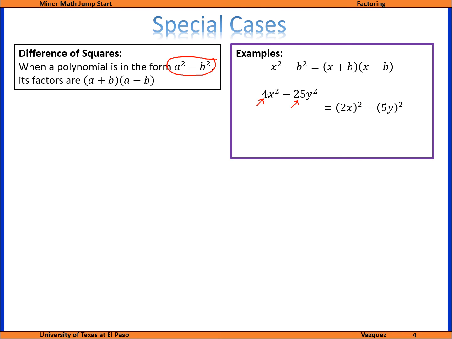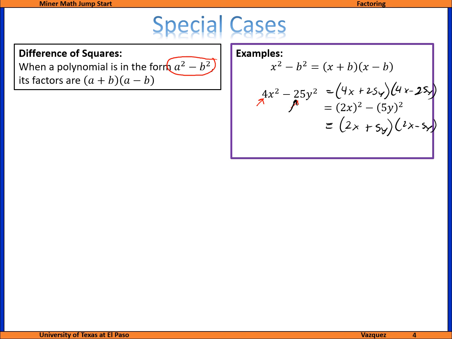These factors here will end up being 2x plus 5y and then 2x minus 5y. So now I'll mention the common mistake. The common mistake is to put this as 4x plus 25y, 4x minus 25y. So we always have to consider the coefficients as well, not just the variables being squared.